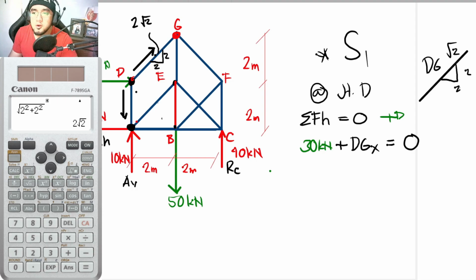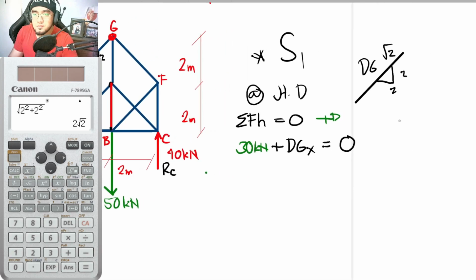In order for you to get the X component by trigonometry, DG times what is the X component of this slope? The X component of that slope is also 2, just divided by the hypotenuse. The hypotenuse is 2 square root of 2.